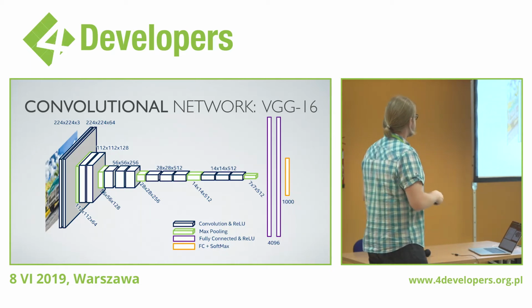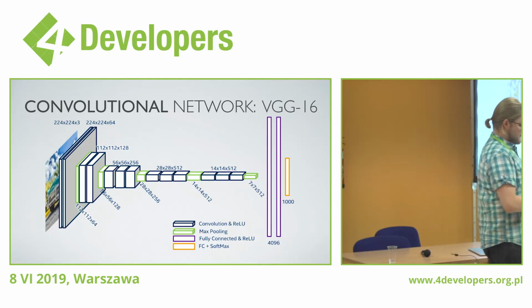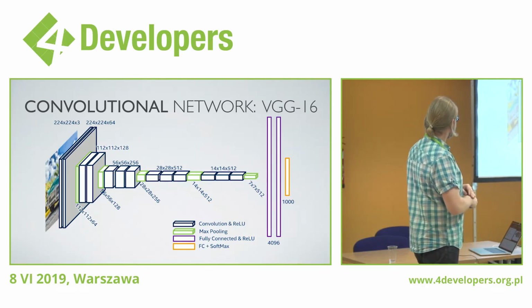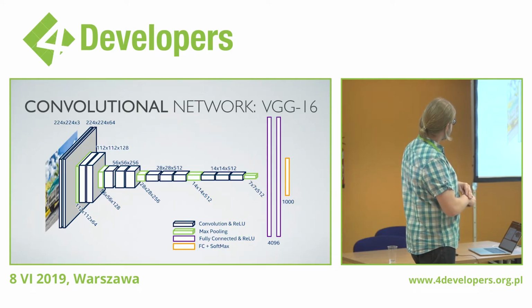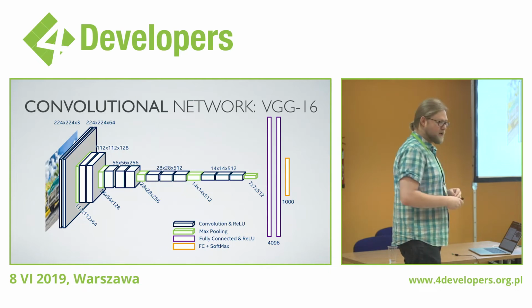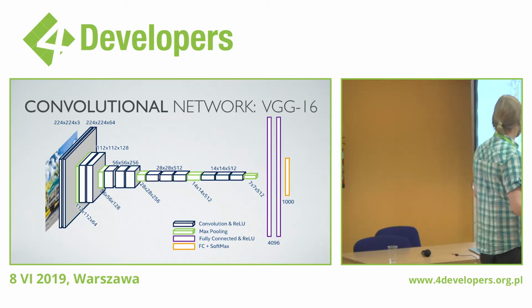Then they do something called max pooling, which is essentially reducing the size of the image by half in each direction. And then they do another set of convolutions on this smaller image, but now with 128 different filters. So they're detecting 128 different features.